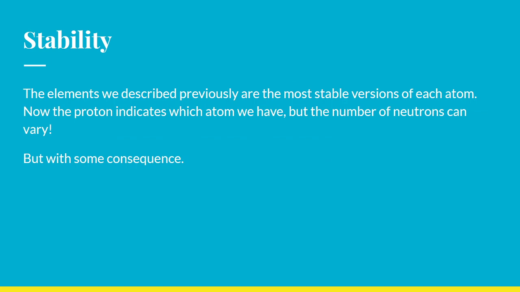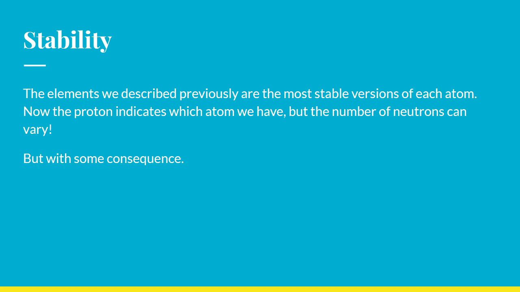The elements we actually just described are the most stable versions of each atom. Now the proton indicates which atom we have, but the number of neutrons can vary. However, there is consequence with that. What this means is that even though oxygen has 8 neutrons, it can actually have more or less.